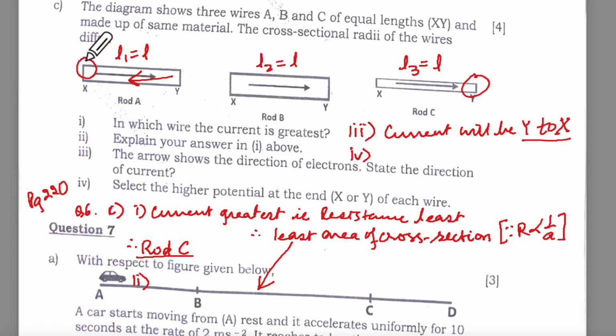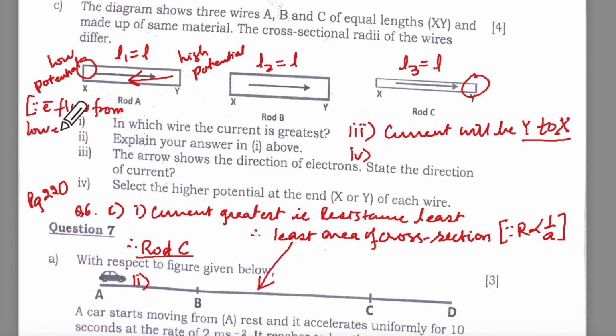So in your diagram, this is low potential and this will be high potential. Because they have not asked for the reason, you will say, since electrons flow from lower to higher potential.